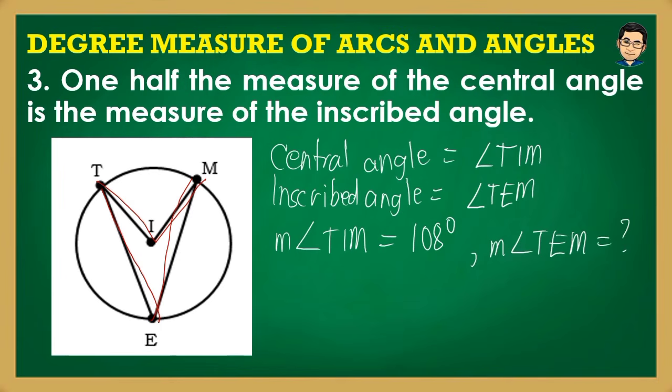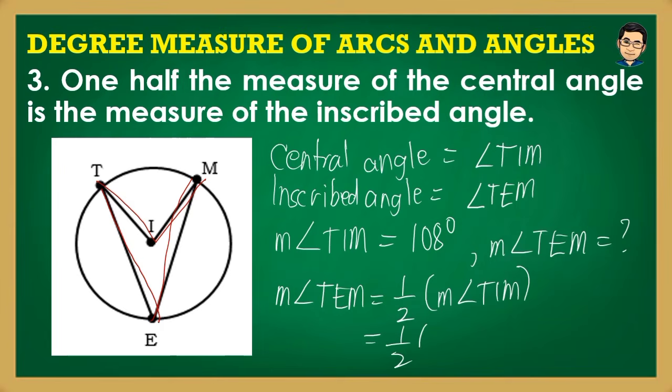The inscribed angle. We just write the mathematical statement: the measure of angle TEM is one half the measure of angle TIM. The measure of angle TIM is 108 degrees, so we divide that by two.